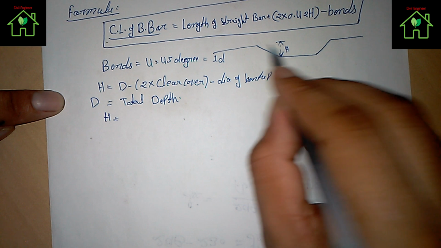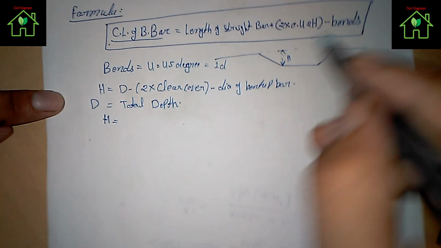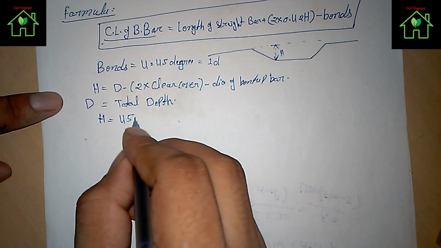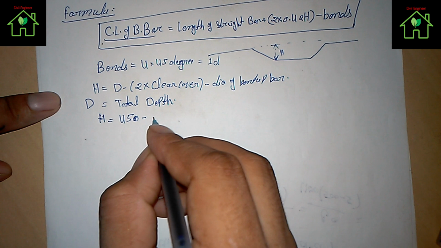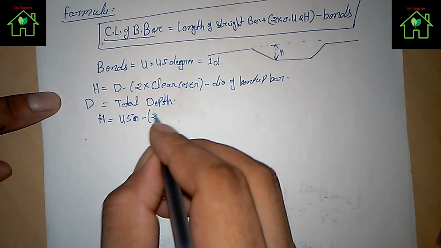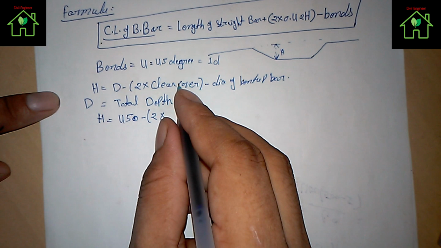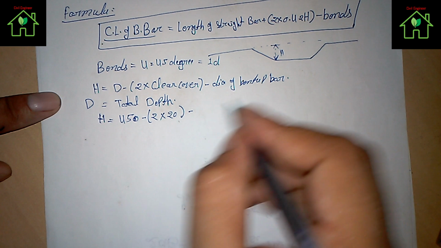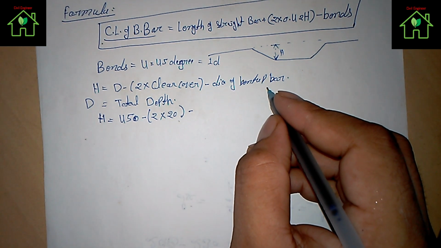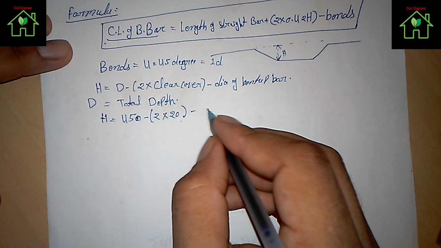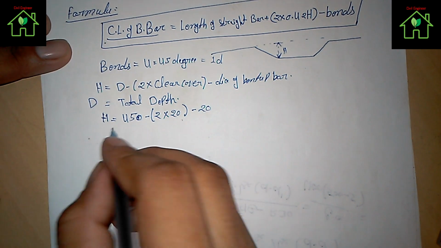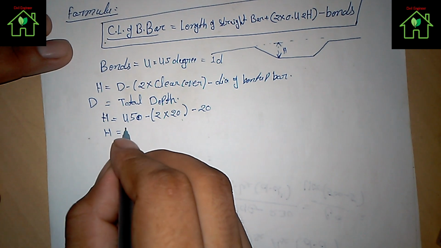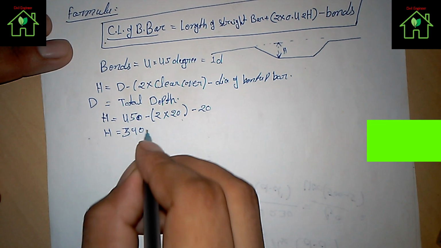D is equal to 450 minus 2 into clear cover. What is the clear cover? It is 20. Minus dia of bent bar, which is 20 mm. After the calculation, h we have got 390 mm.